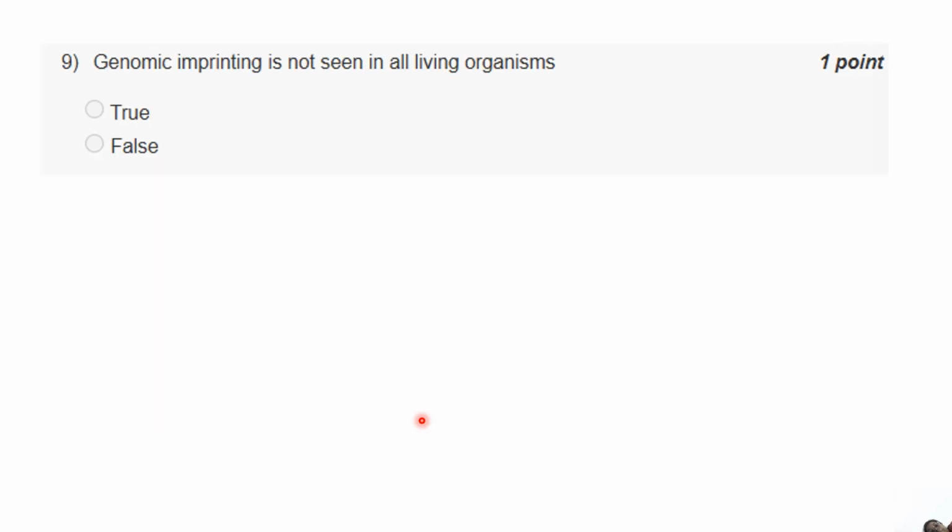Genomic imprinting is not seen in all living organisms. True or false? I'll give you a few minutes to think about this and answer, then we'll discuss.